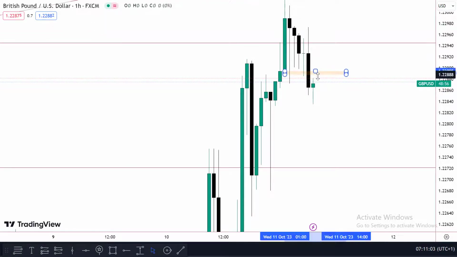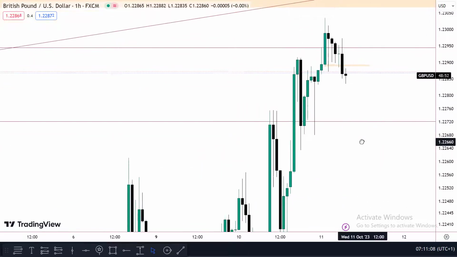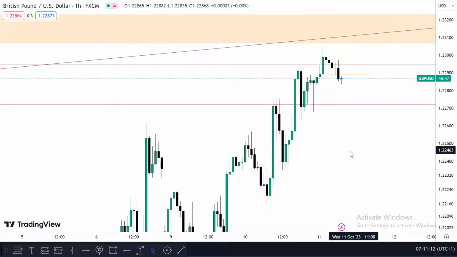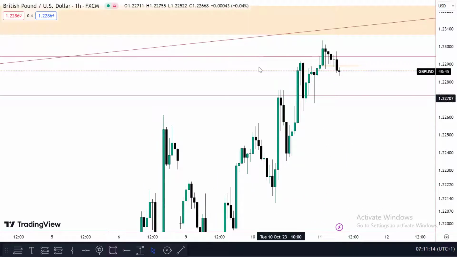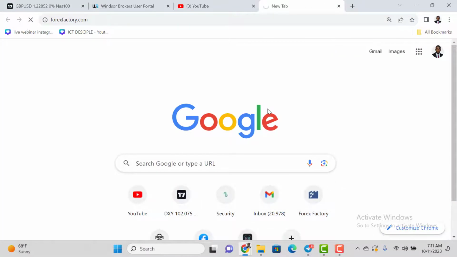So guys, that's my expectation for the dollar and the foreign currency this morning. Make sure you stay safe in your trading today, because we have the CPI coming up today, or FOMC today. We have FOMC meeting minutes coming up by 7 p.m. GMT+1. Let me quickly show you on the economic calendar.